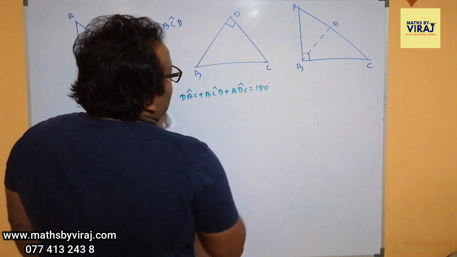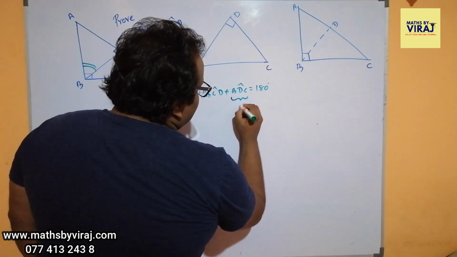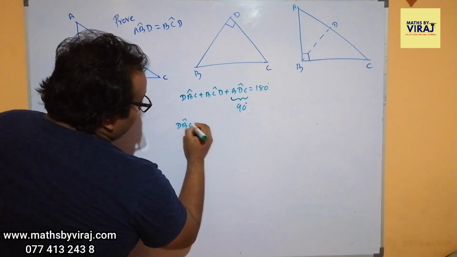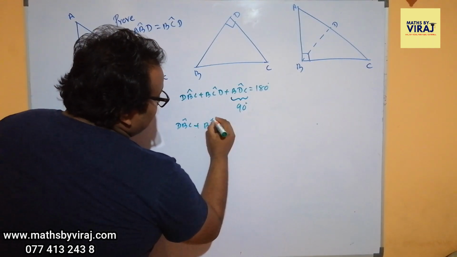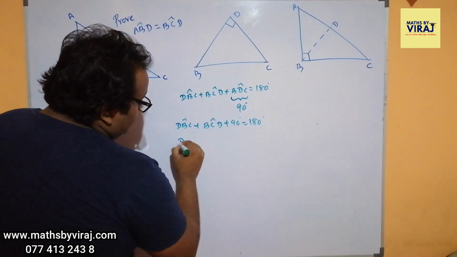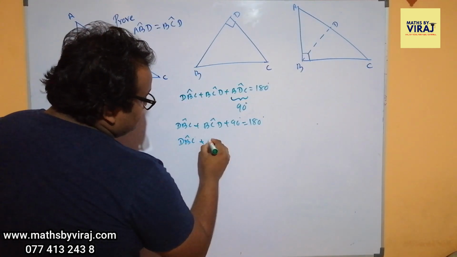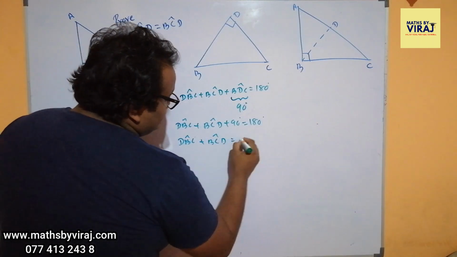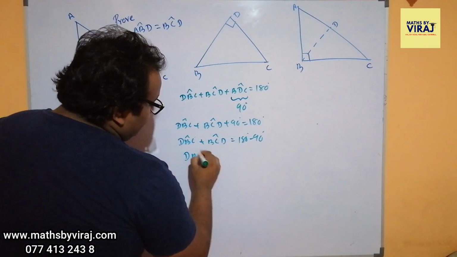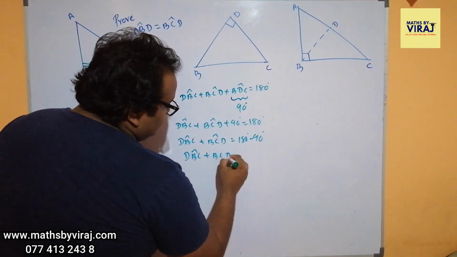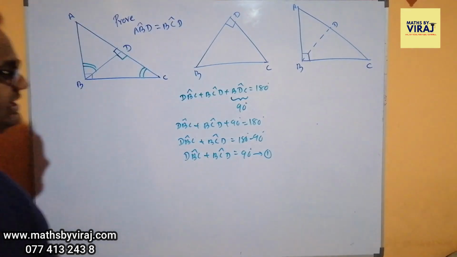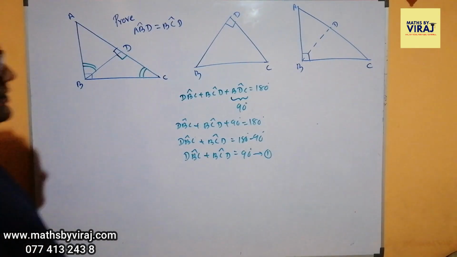But we know that angle BDC is 90 degrees. Therefore, DBC plus BCD plus 90 is 180. DBC plus BCD is 180 minus 90. Therefore, angle DBC plus BCD is equal to 90 degrees. Let this be my equation number 1.